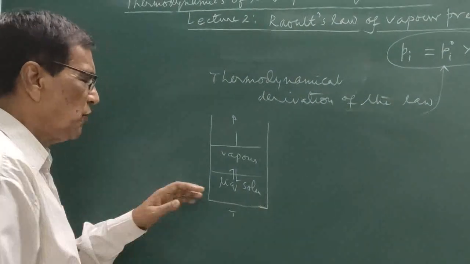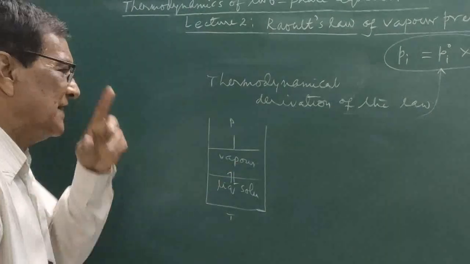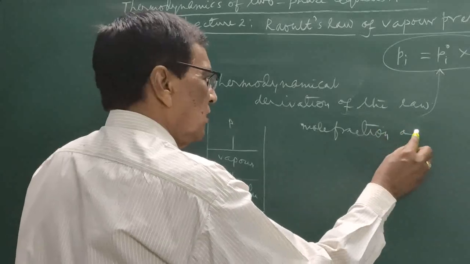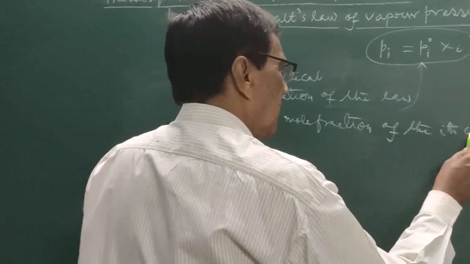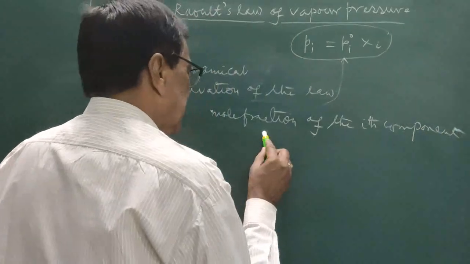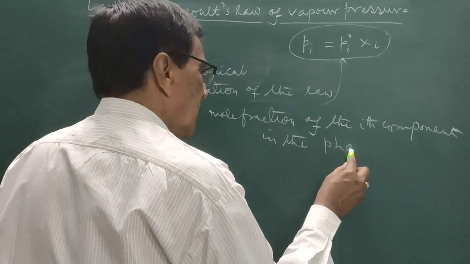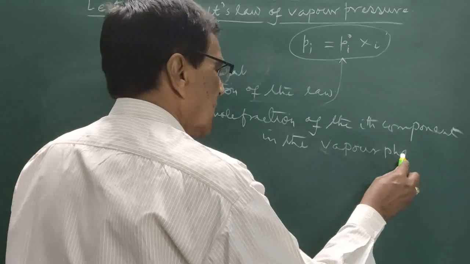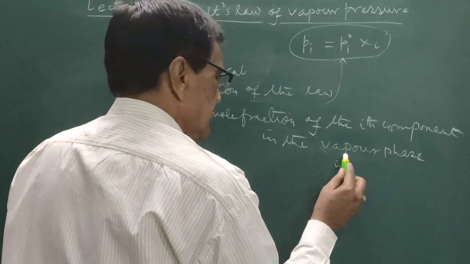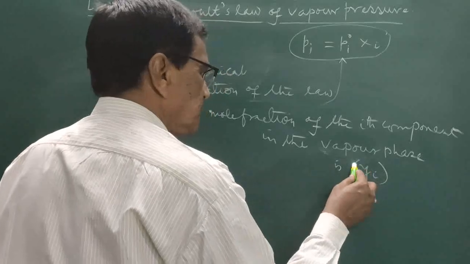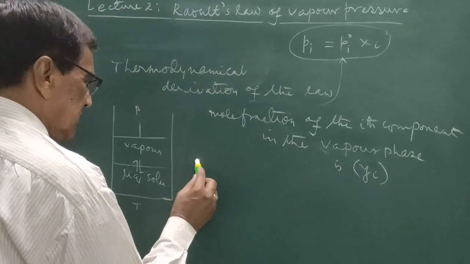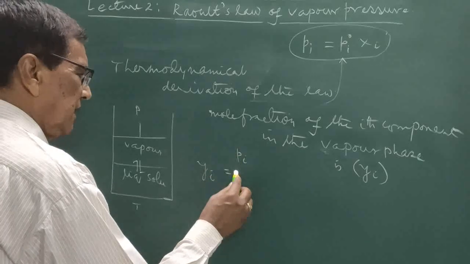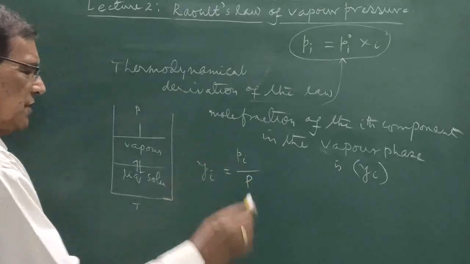If we try to get the mole fraction of the ith component in the vapor phase, say yi, then according to Dalton's law of partial pressures, yi equals pi divided by total pressure.